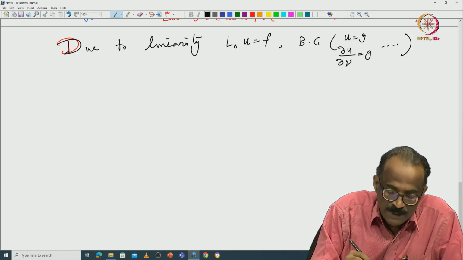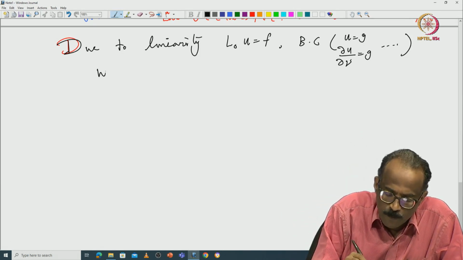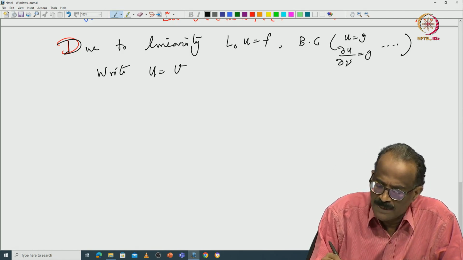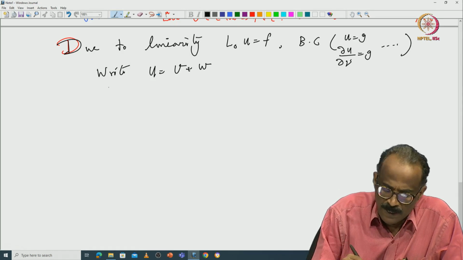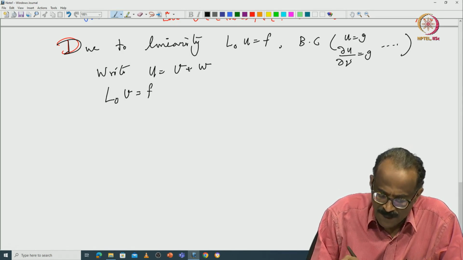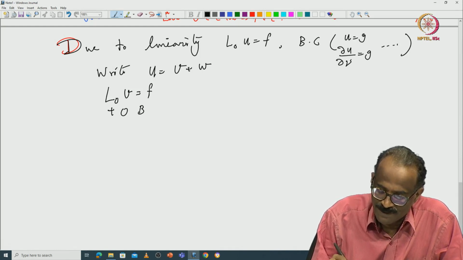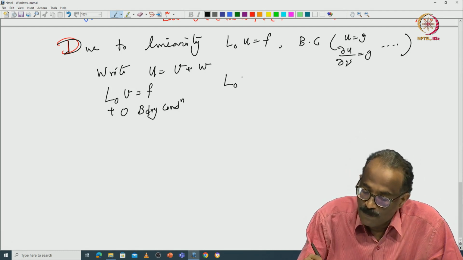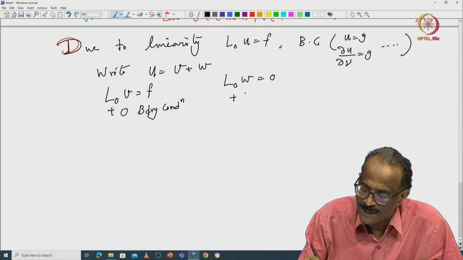So again you can write u equal to v plus w, with L naught of v equal to f plus a zero boundary condition, whatever that linear situation is, and L naught of w equal to 0 plus a boundary condition.